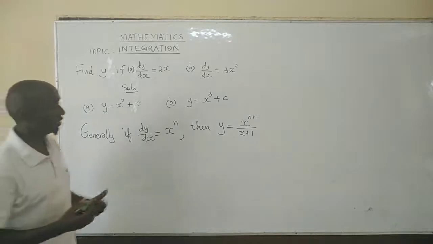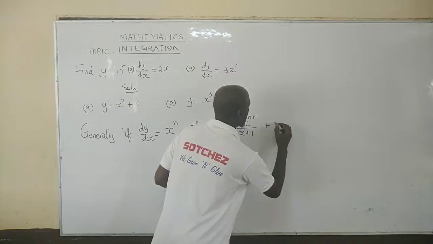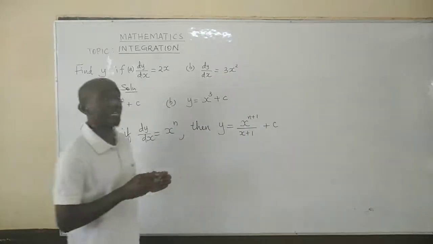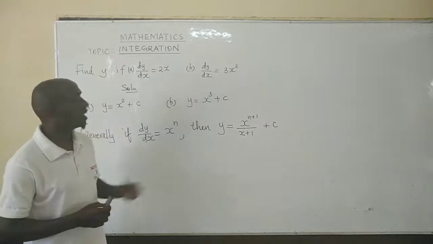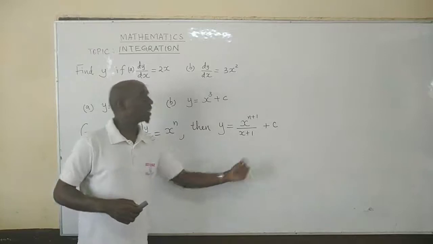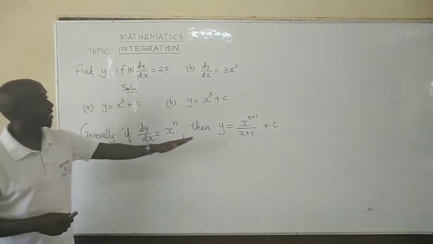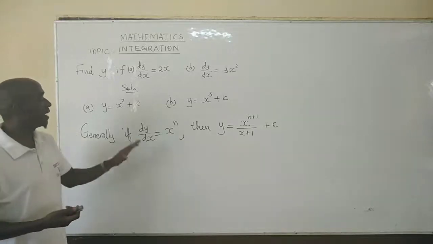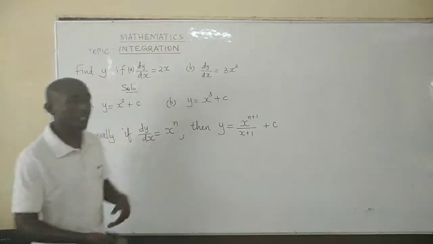And for integration, we always add c, a constant, where c stands for any constant. So this is the process which you must use in order to integrate. If you are given any gradient function, then you just use this to get the function.